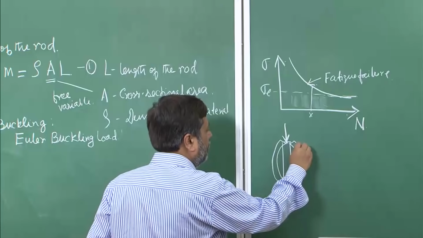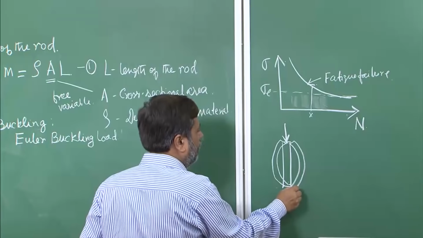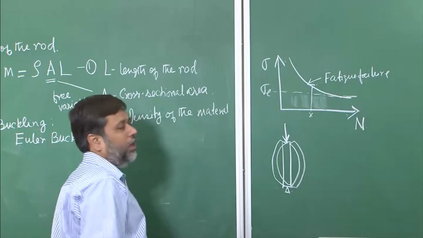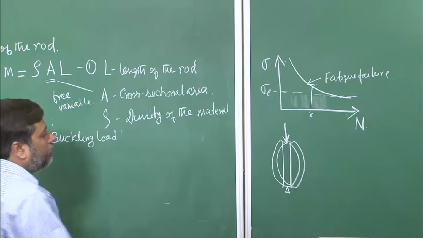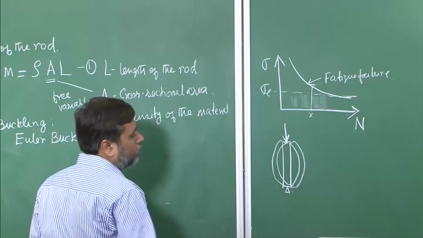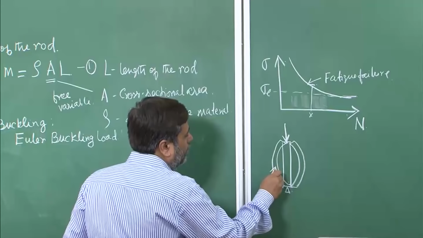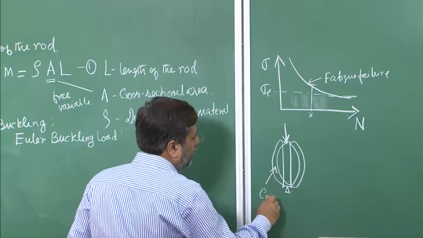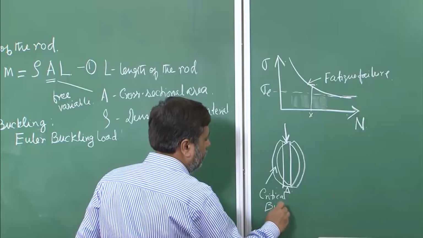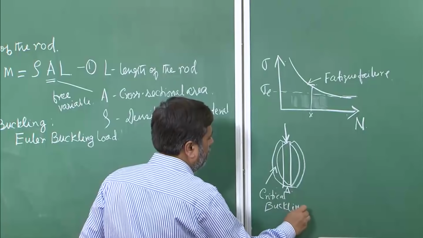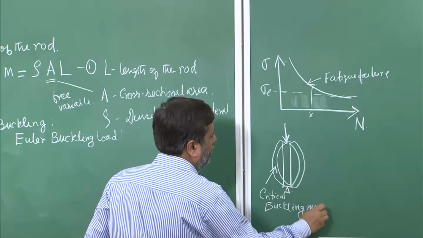Of course, there can be even higher buckling modes, but as far as our particular application is concerned, the moment this shape is reached, we consider this to be the critical buckling mode for our design, the first mode itself.